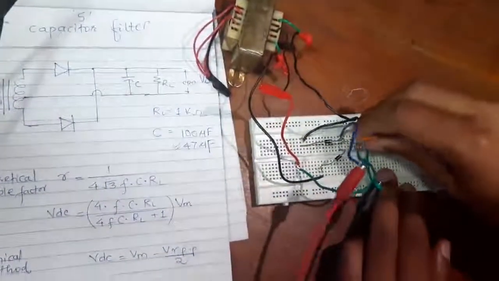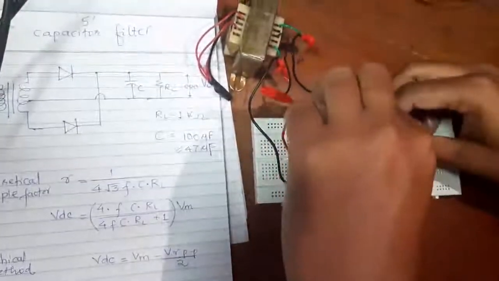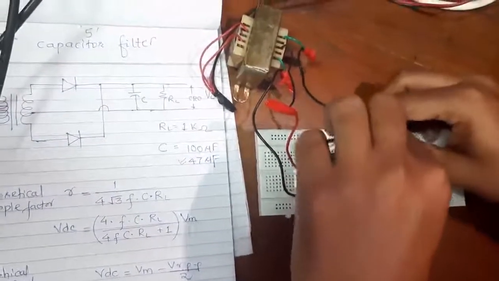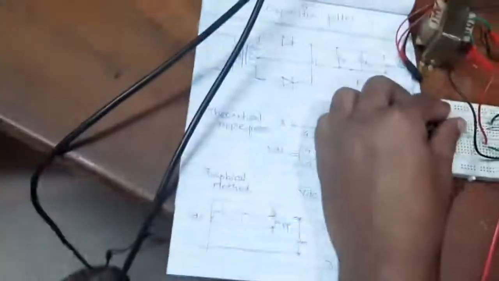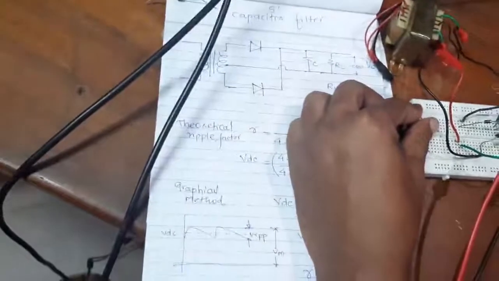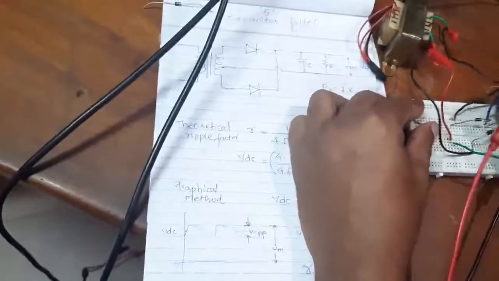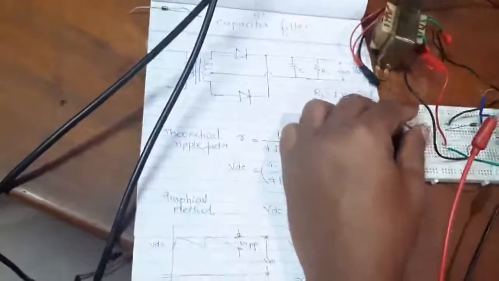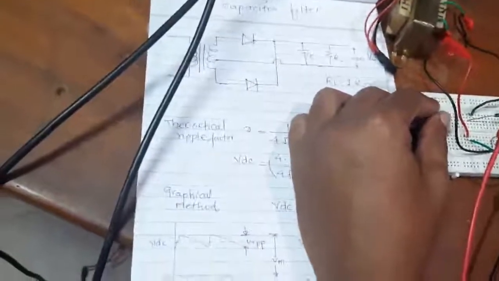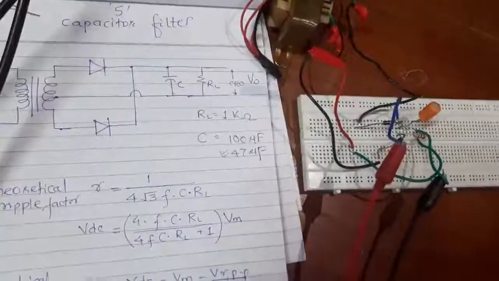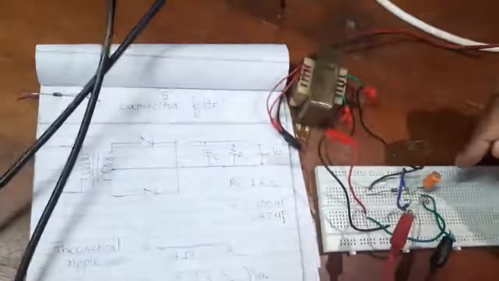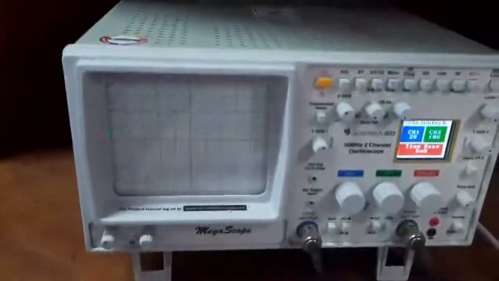I am putting a capacitor of a higher value. Now we have put a capacitor of 100 microfarads, and we will see the filtered output.